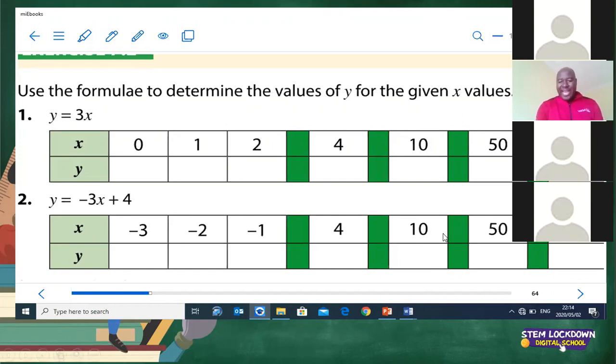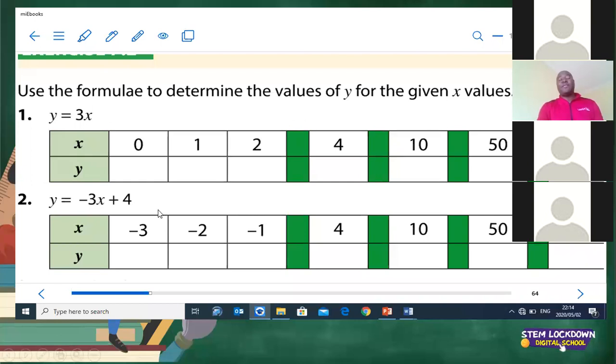And if x is 10, you have -3 times 10, which is -30. And -30 plus 4 is the same as 4 minus 30, which is -26. And the last, but not least, if x is 50, then you multiply 3 by 50 to get 150.